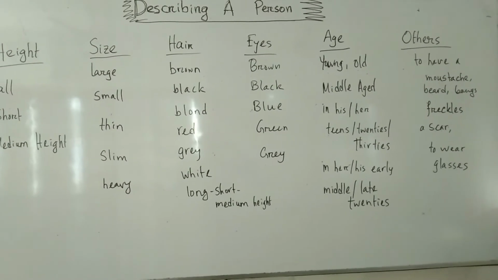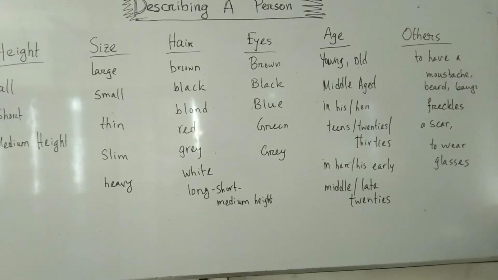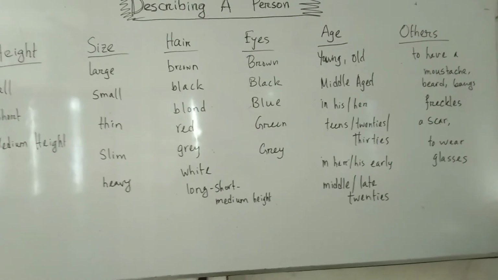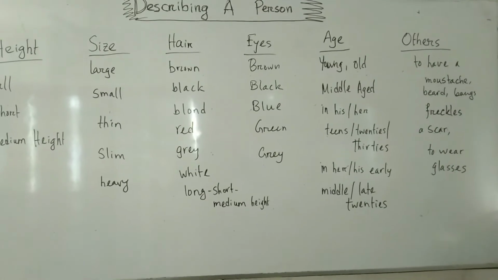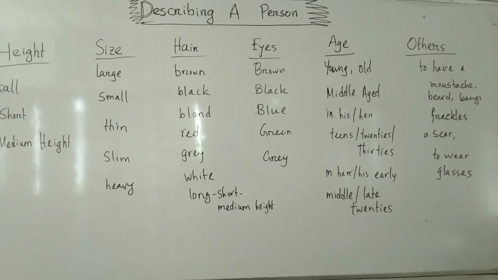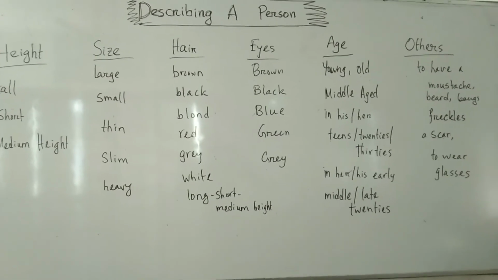Bangs: when you cut your hair in a specific form, with a rectangular shape. And then freckles: there are some spots on the face. Scar means some wounded spots which are clearly visible.